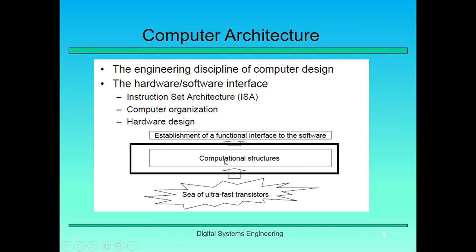This computational structure is the hardware, and if you look at the bottom level, you will see an ocean of ultra fast transistors. Because we already know that nowadays all the functionalities, all microprocessors, and everything we can design with the help of MOSFETs.